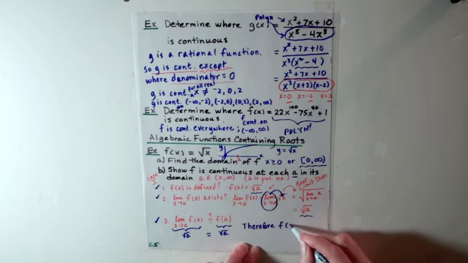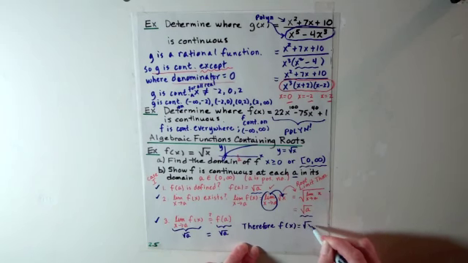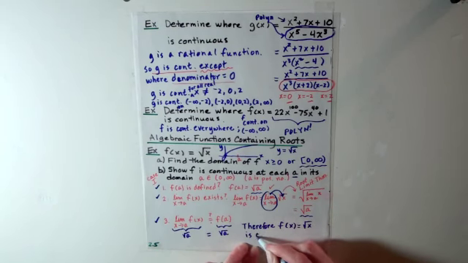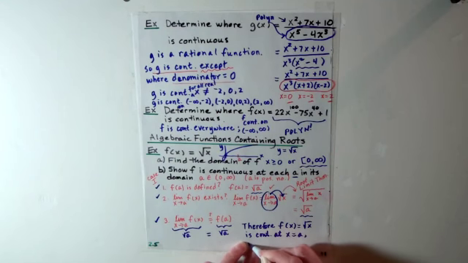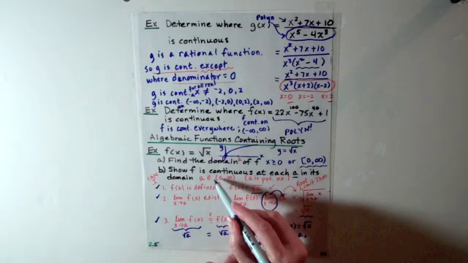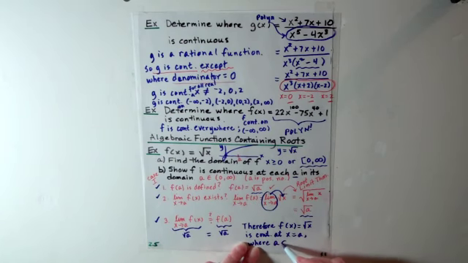f of x equals the square root of x is continuous at any x equal a where a is something in this interval. A is contained in the open interval from 0 to infinity.